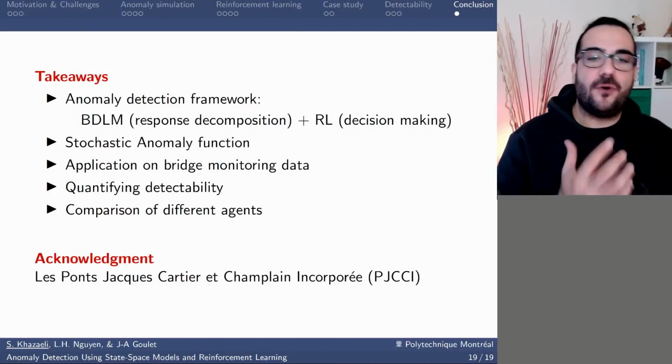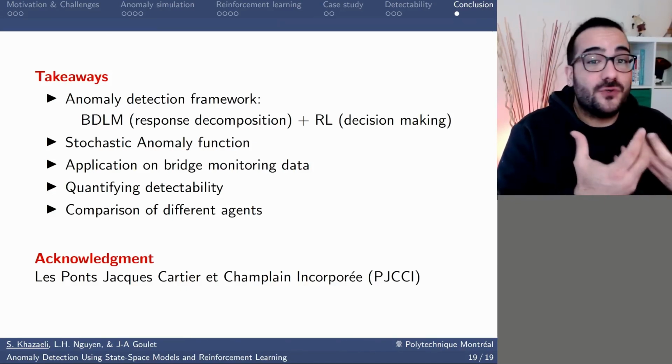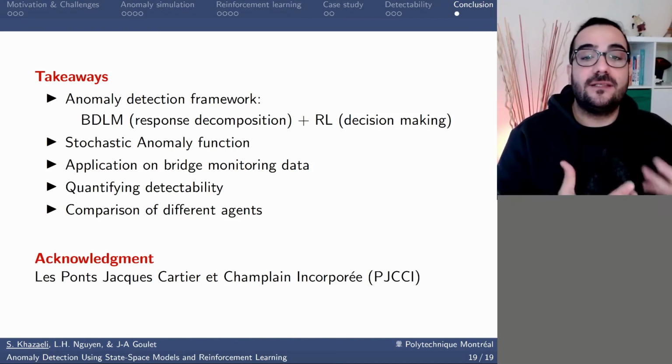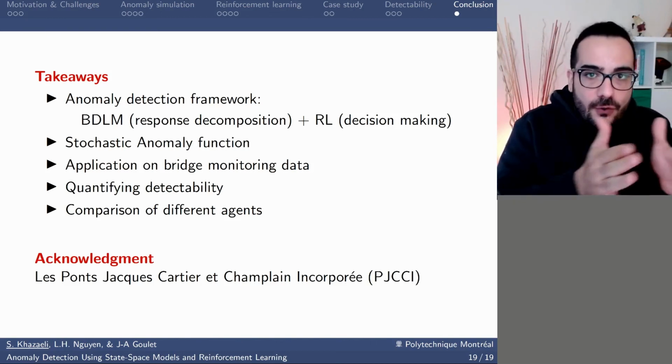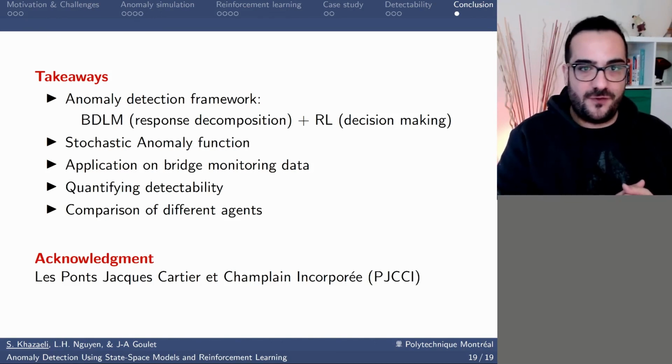Okay, let's wrap up what we have done in this paper. In this work, we proposed an anomaly detection framework that combines the ability of the BDLM to decompose the time series with the long-term decision-making capacity of reinforcement learning.